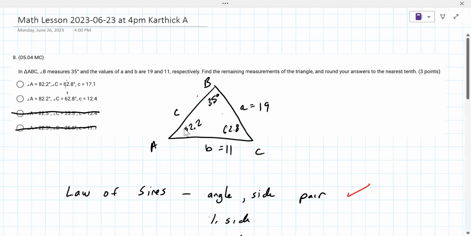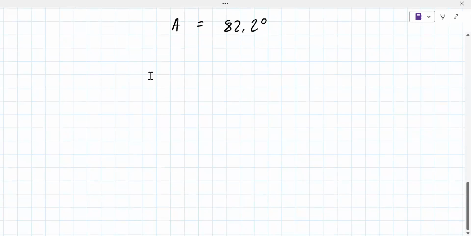So to find the side c, you have to use law of sines again. You only think of this as a tool in your toolbox, and you want to use it at the appropriate time. So let's reframe the problem again.